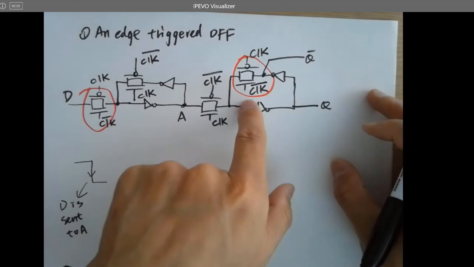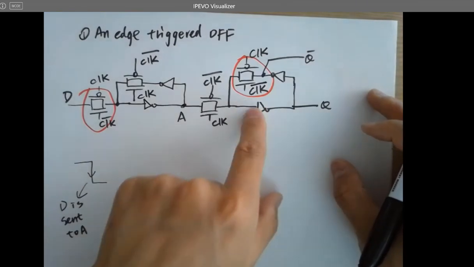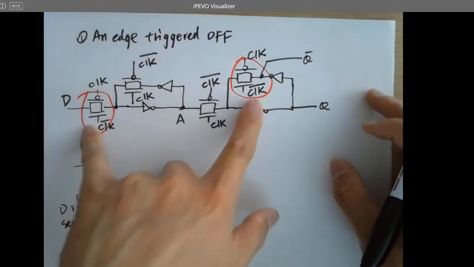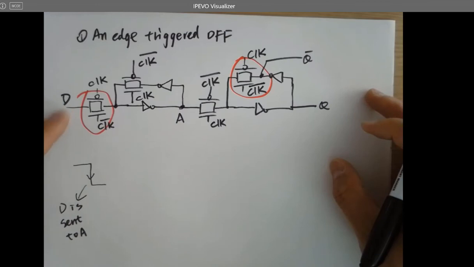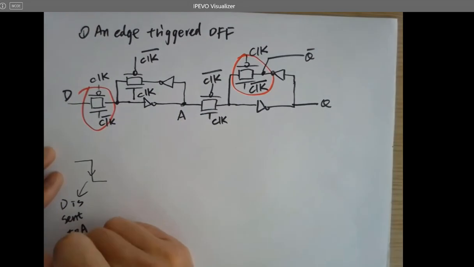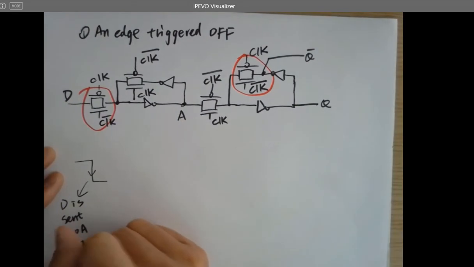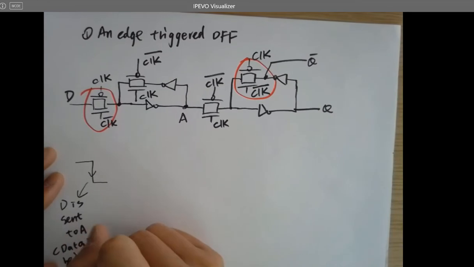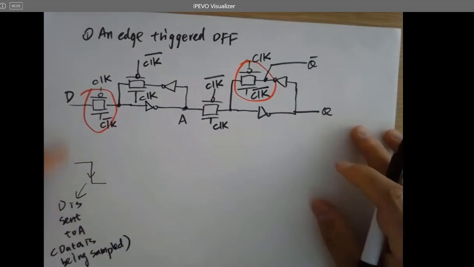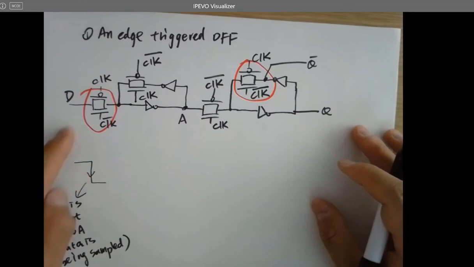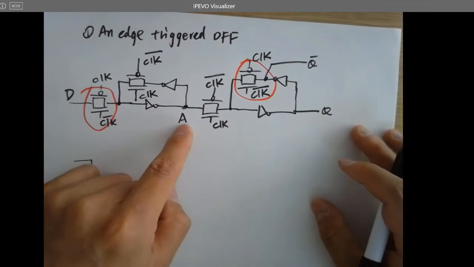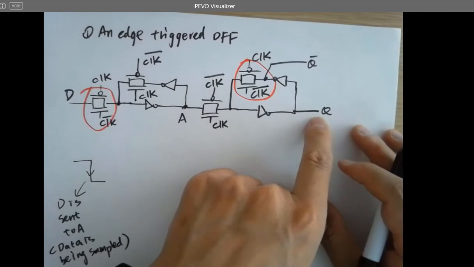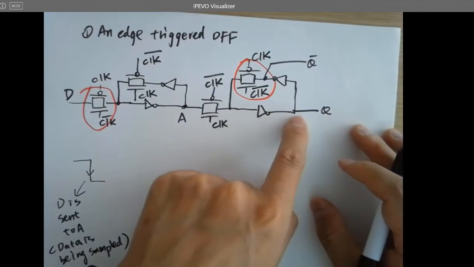However, this latch will be activated because these two have the same clock signal. So when the data is being sampled at the falling edge, the data will be stored at A, and at the same time, the previous Q will be latched here.